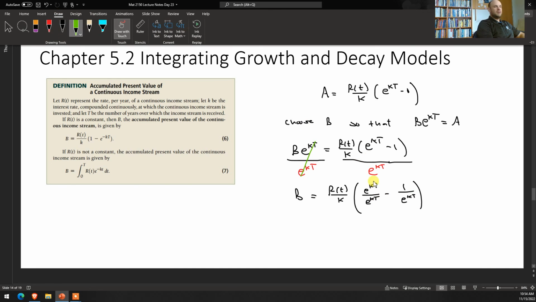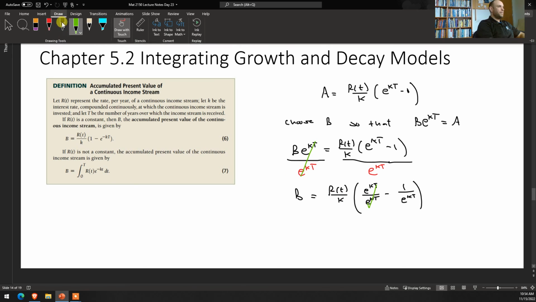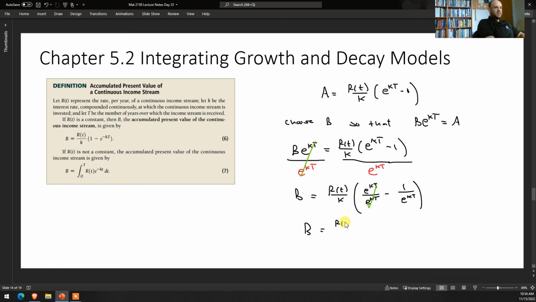Now again, we get a cancellation here. We end up with just a 1 there. And we can say B is equal to R of t over k times 1 minus e to the minus k times t. This gives us exactly the formula that we were after.